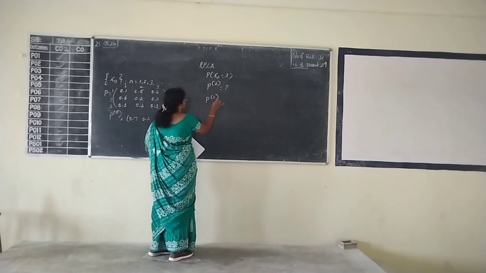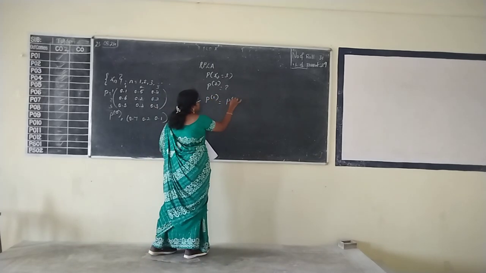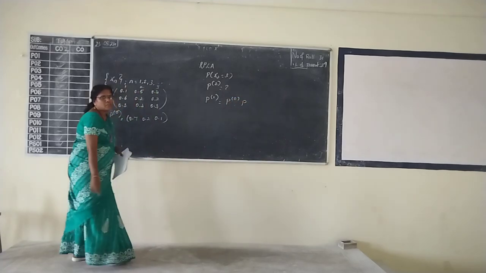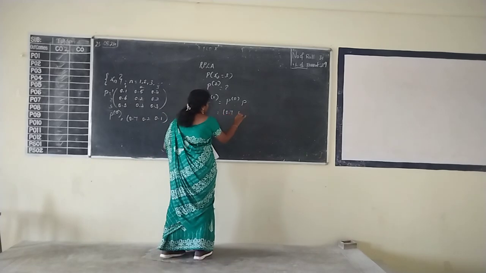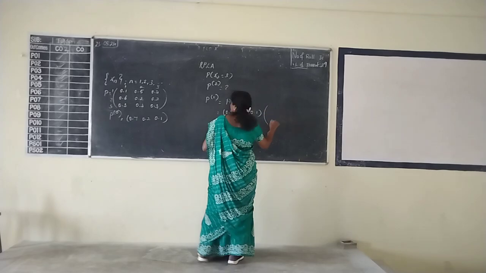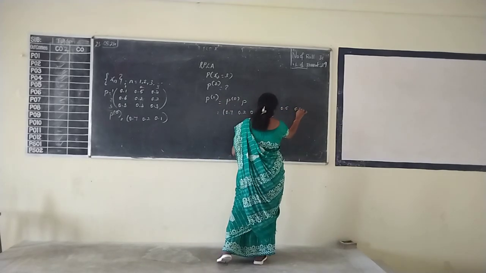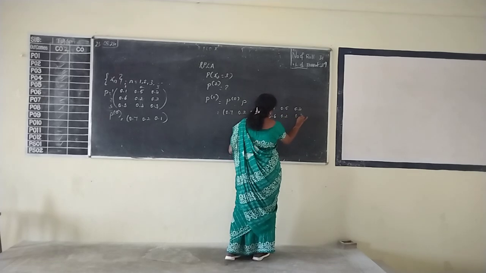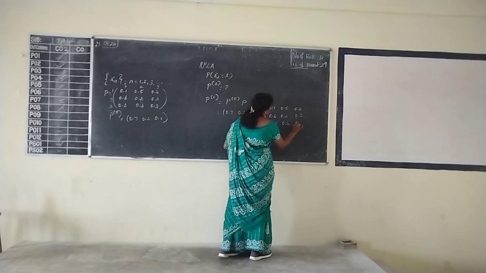P1 equals P0 into P. All are given for you. What is P0 given? 0.7, 0.2, 0.1 into the P matrix: 0.1, 0.5, 0.4; 0.6, 0.2, 0.2; 0.3, 0.4, 0.1.